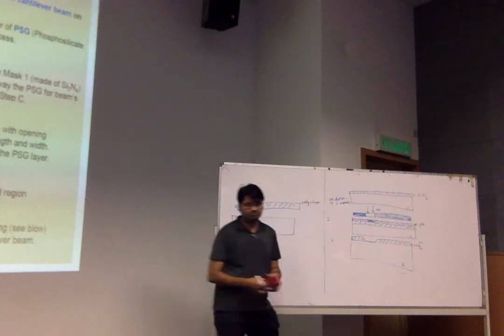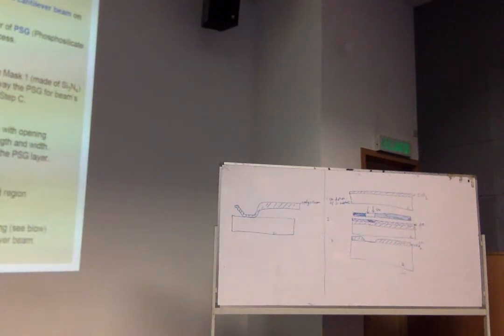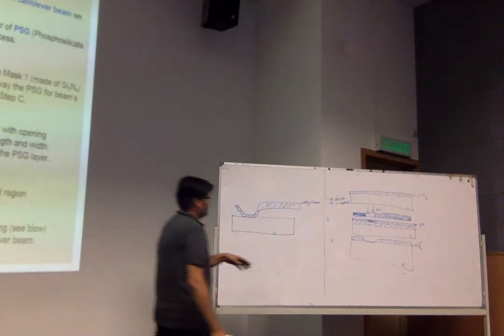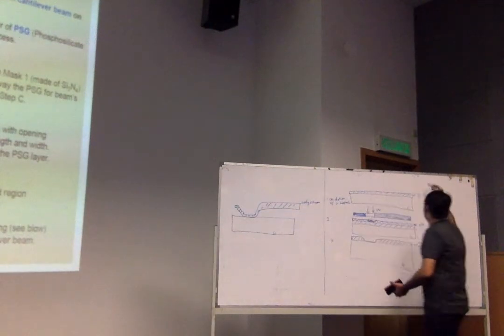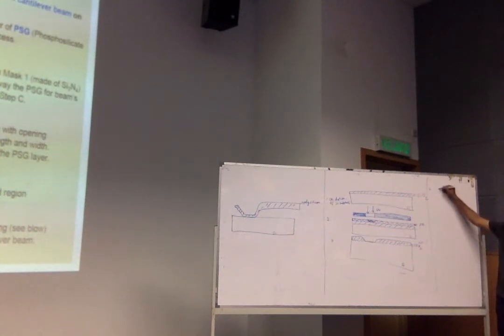Above which the next step is to deposit polysilicon using the CVD process. Deposit polysilicon using CVD process.